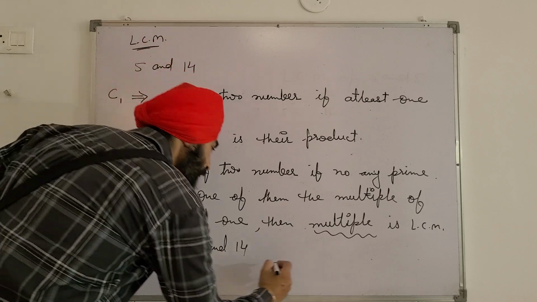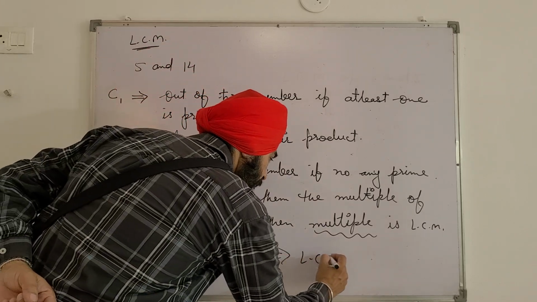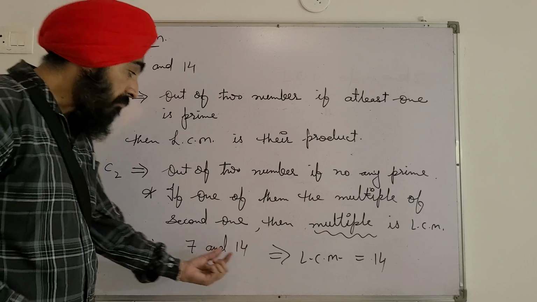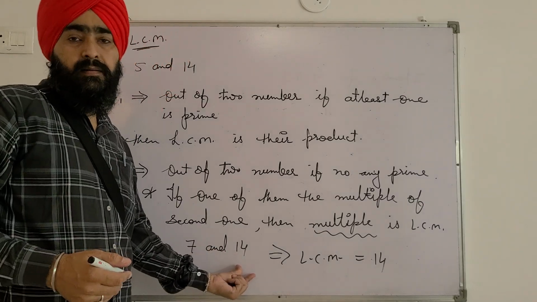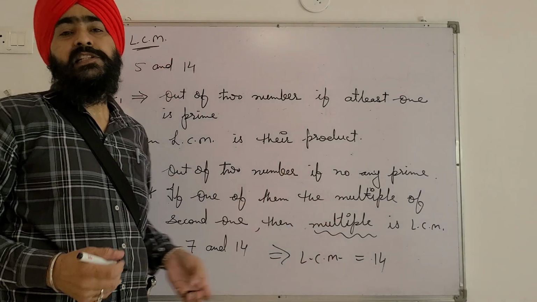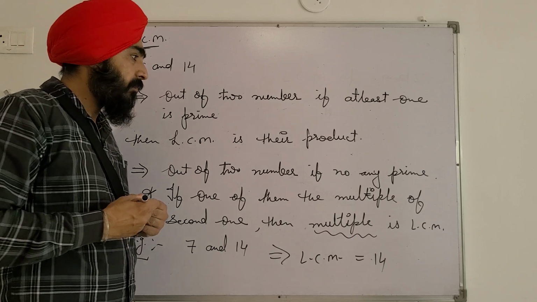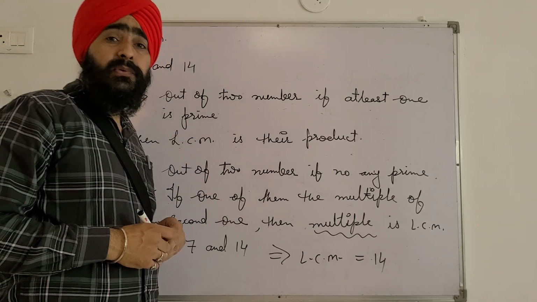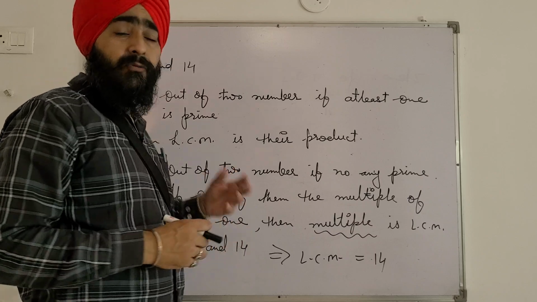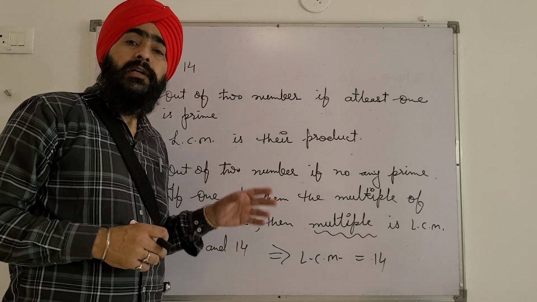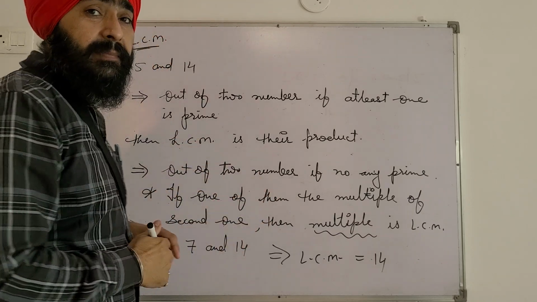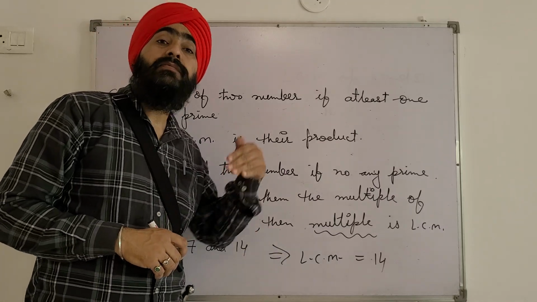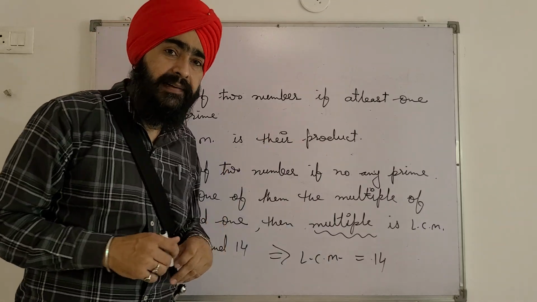In this condition, the LCM is 14 because the multiple is the LCM. Is it clear, beta? So I hope this concept will help you to find the LCM of two numbers. In the next video, we will discuss how we can find the LCM if we have more than two numbers.